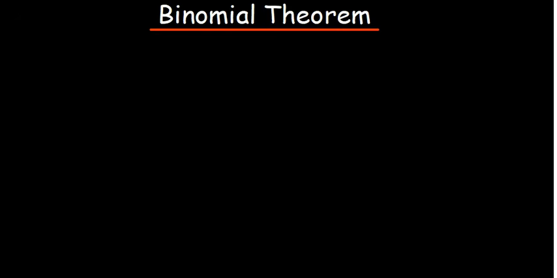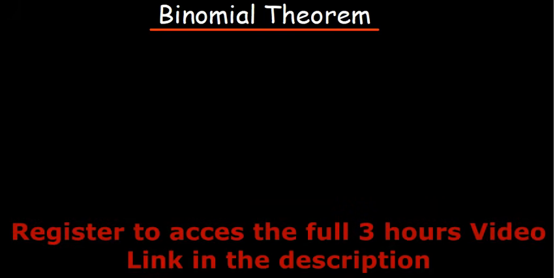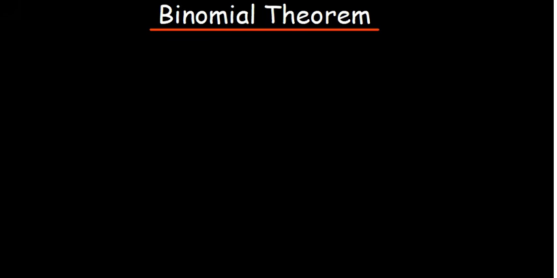Let's now talk about the binomial theorem in very, very simple terms. So what do we know about the binomial theorem? The basic idea is this: the coefficients that we've already talked about, n choose 0, n choose 1, all that.